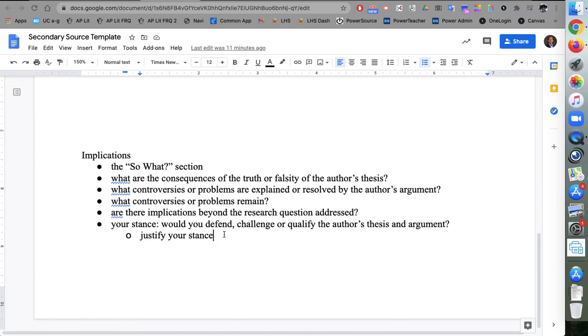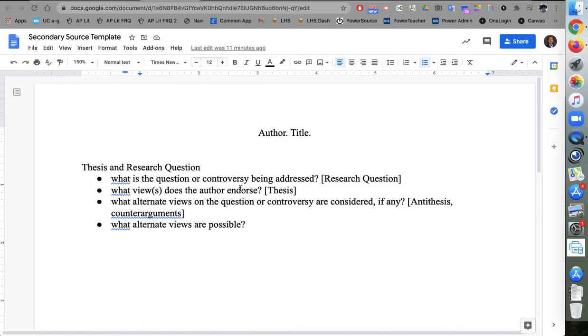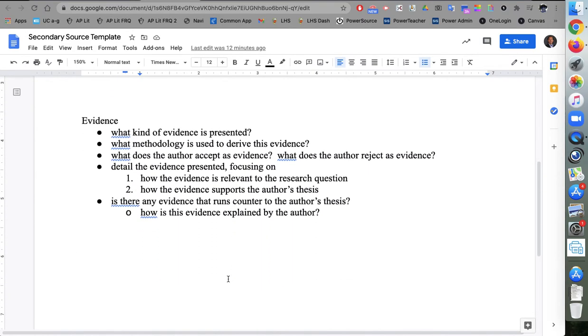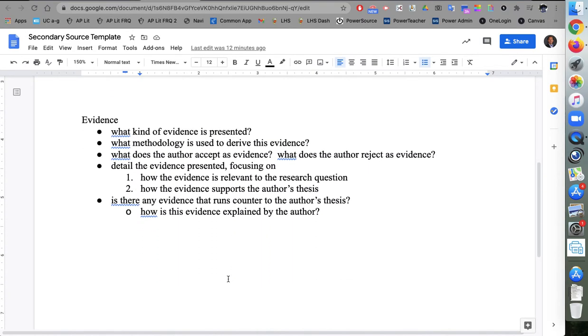So, focus on the two, maybe three secondary sources that are going to be the most central to your argument, and do this analysis of those. And remember what our overall goal here is, gentlemen. Our goal is that we want a research paper in which you guys engage the arguments of other scholars.